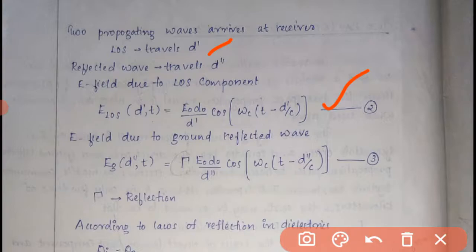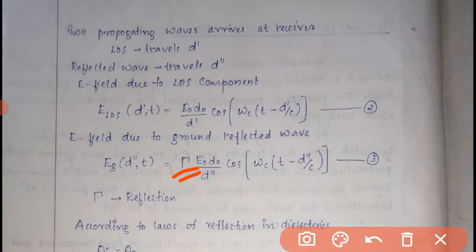Then we have to find the electric field due to the ground reflected wave. We know the ground reflected distance is denoted as D double dash. So Eg of D double dash comma T is equal to gamma E naught D naught by D dash cos omega C into T minus D double dash by C. Here there is a gamma value. Why are we using gamma?